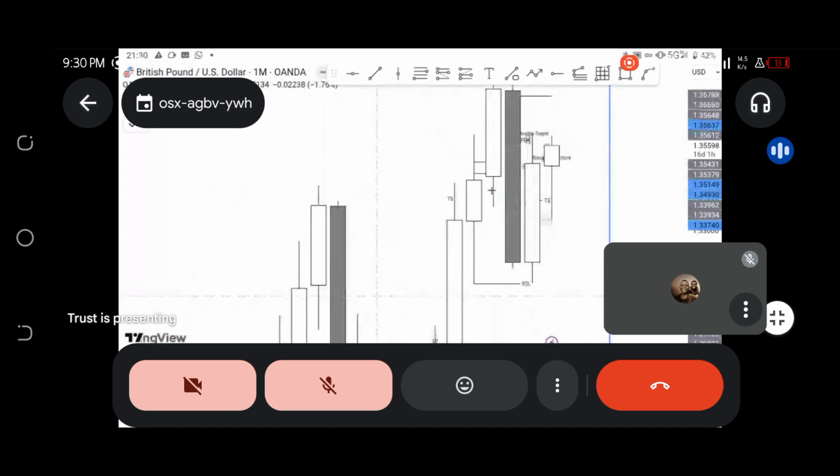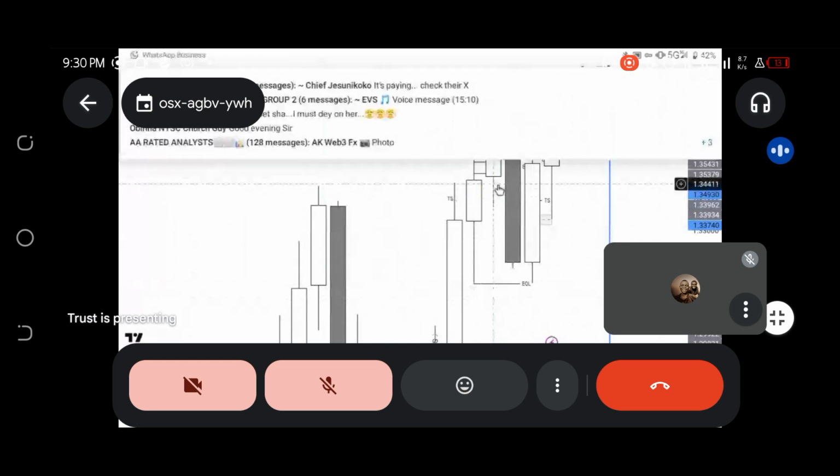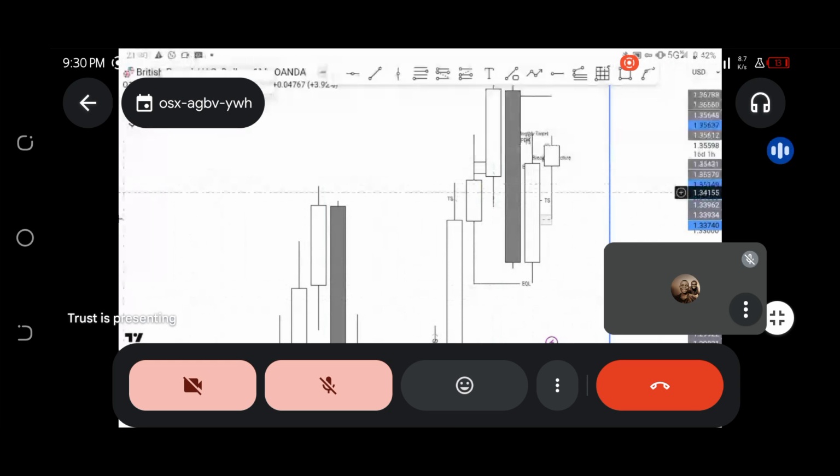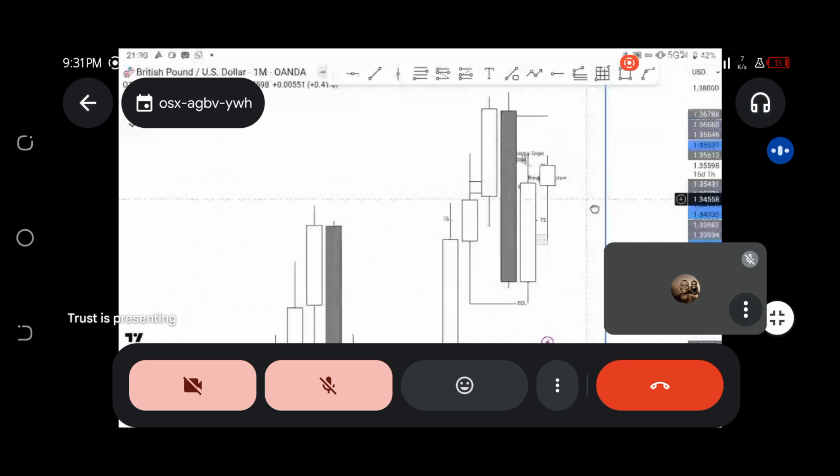This one from here to here, that's a range. Market retreats into it and then closed with this one, and then broke out of the range. The next candle, which was this one, also did the same thing.